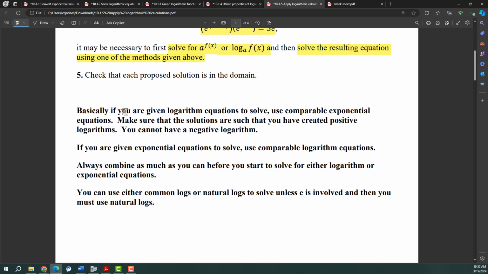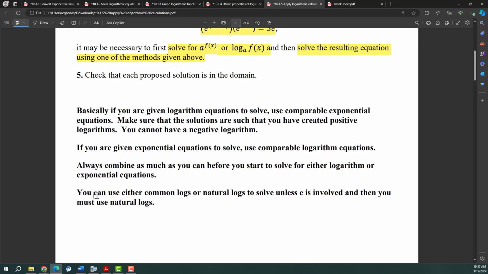So right below it, it says basically if you are given log equations to solve, use comparable exponential equations. Make sure that the solutions are such that you have created positive logs. You cannot have a negative log. If you are given exponential equations to solve, use comparable logarithmic equations. Always combine as much as you can before you start.